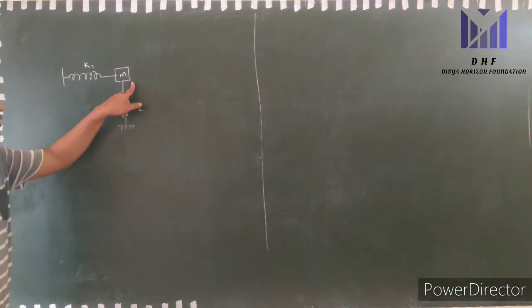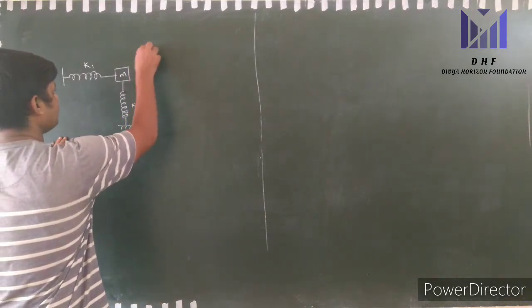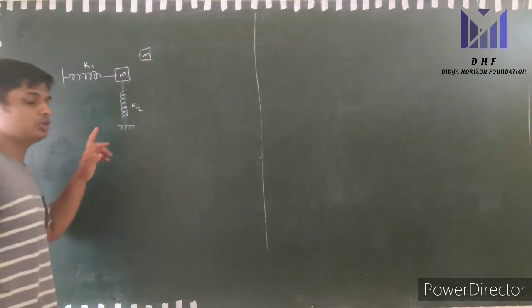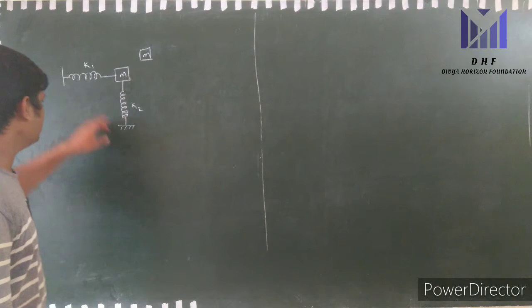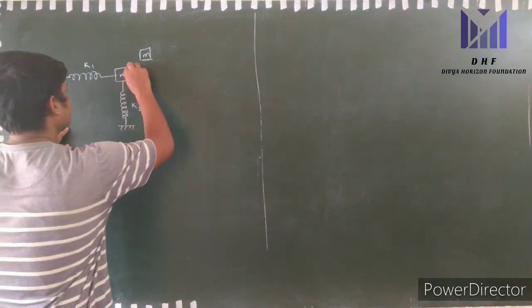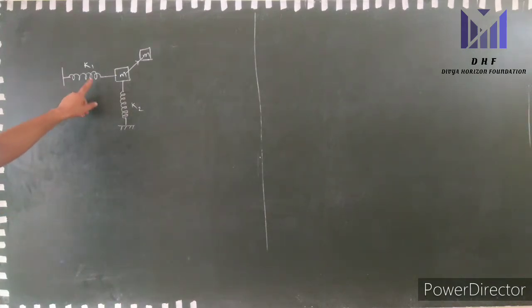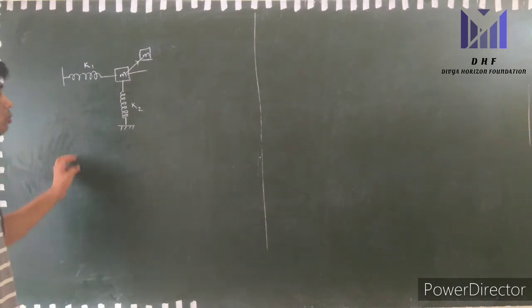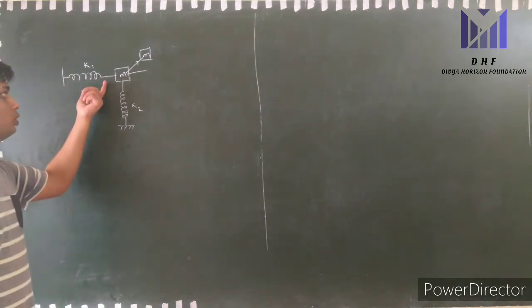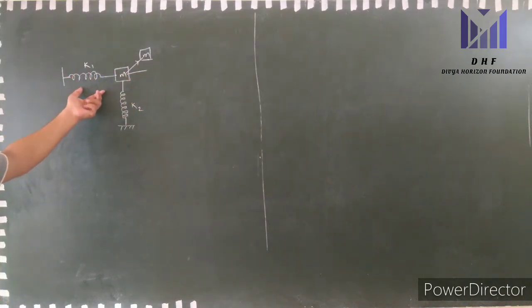If we displace the mass from its initial position to this final position, then both springs will stretch by some distances. The force applied by the spring K1 on the mass M will be proportional to this much displacement, because the force produced by the spring K1 is proportional to the displacement in the direction of orientation of that spring.